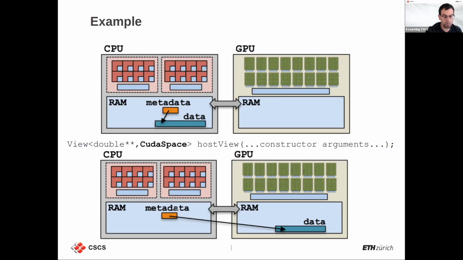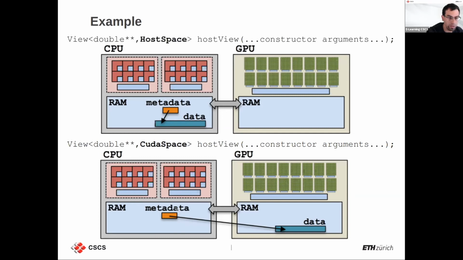The metadata is still on the CPU. Sorry for messing up the slide, but basically, as I said, when we define host space, the data is in the host, so in the CPU. Once we decide on CUDA space, the data is on the GPU. The metadata is always on the host.